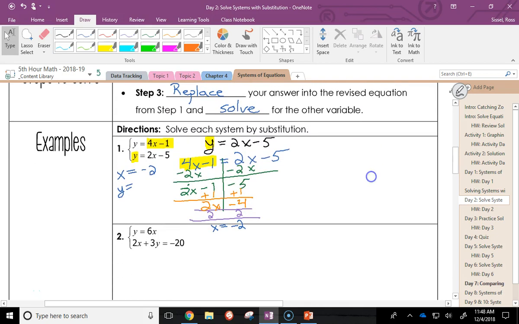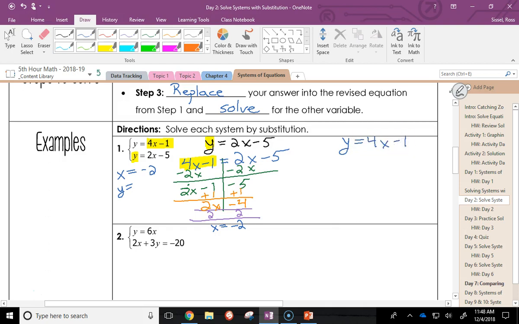This is step 3. Replace your answer. Our answer was x equals negative 2 into the revised equation from step 1. Well, our step 1 was y equals 4x minus 1. So I'm going to go back to that first equation. y equals 4x minus 1.